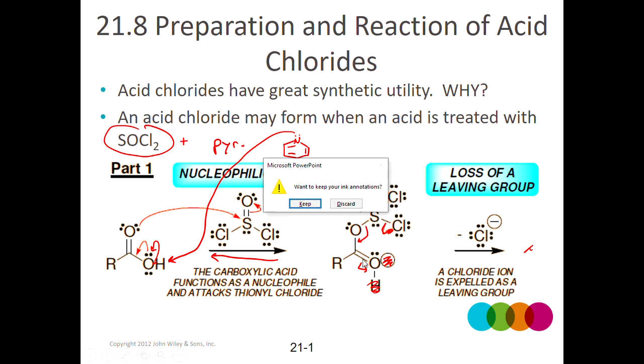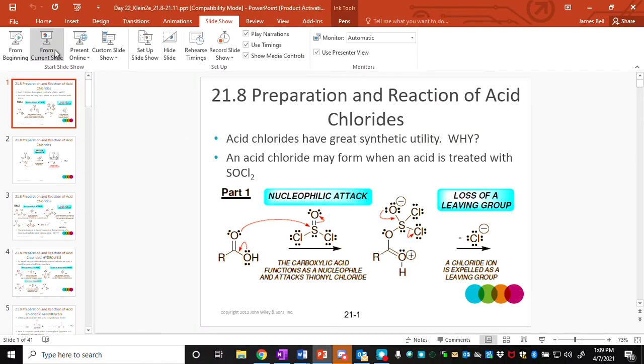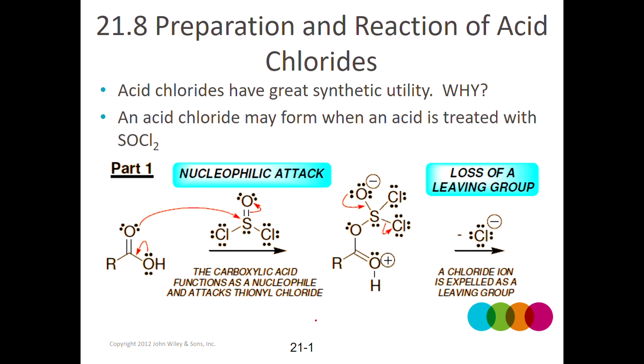You could also show the pyridine picking off the proton at this stage as well. So either picking off the proton from the carboxylic acid before it attacks the thionyl chloride or after. Probably some molecules have their proton picked off before and some after, so either of those options are reasonable.